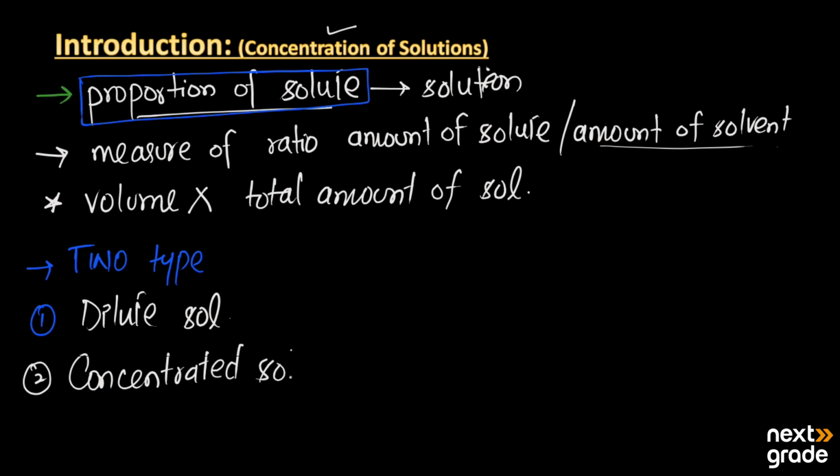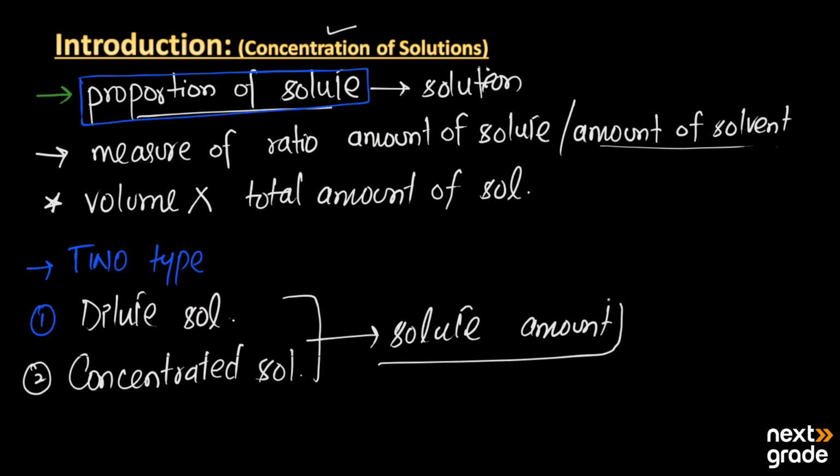So both these types have been divided on the basis of the solute amount. What is basically the amount of solute present in it? It is called the concentration of the solution.